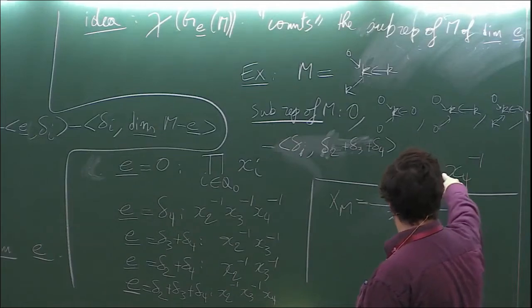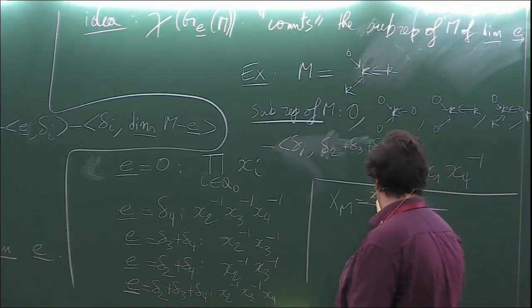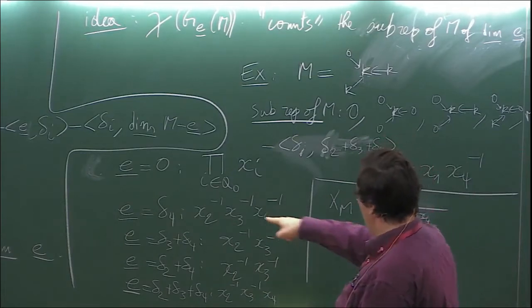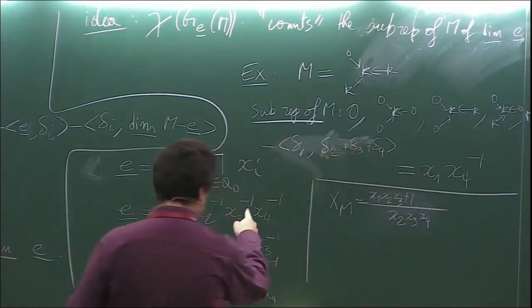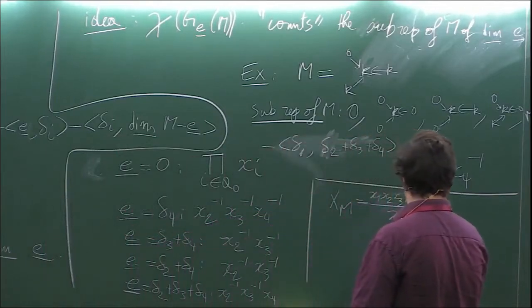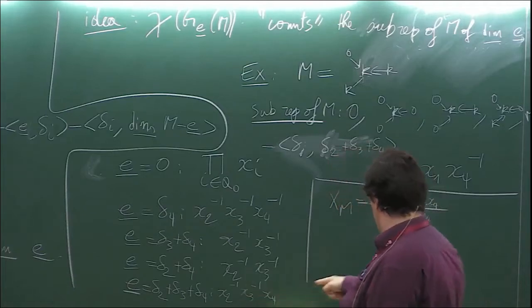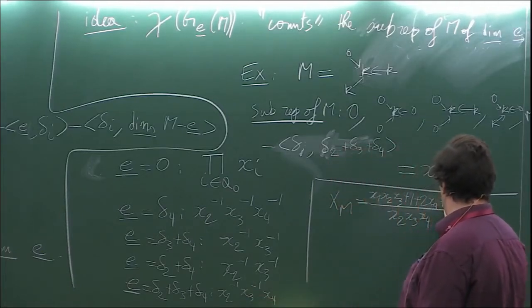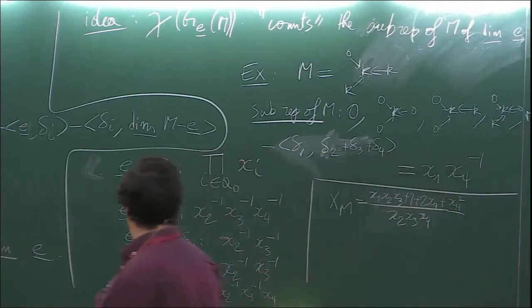So here, what do I have at the numerator? I have x1 x2 x3. Here, what do I have? I have 1. Here, so I have twice the same term. It's 2x4. And here, so I have x2 x3 in the denominator, and I have x4, so I have x4 squared in the numerator. I hope that my things are clear.